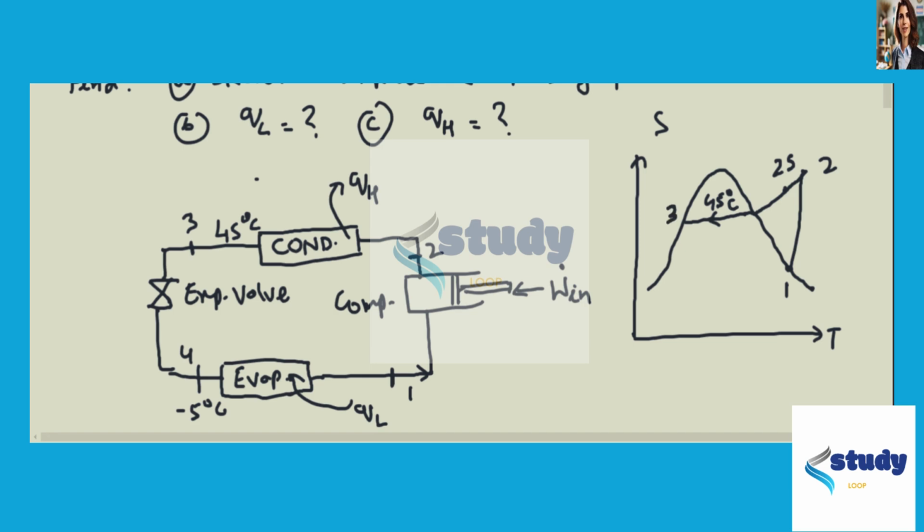Third state, fourth, minus 5 degrees Celsius. Rate of flow of heat at low temperature, rate of flow of heat at high temperature, work input, power input you may call.